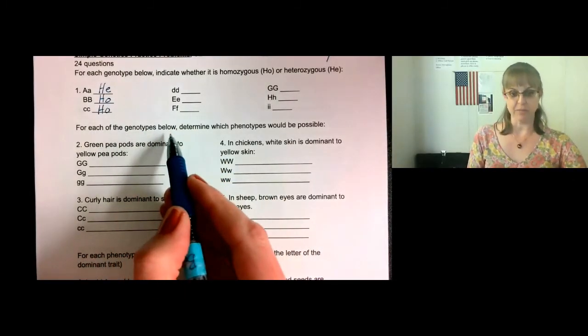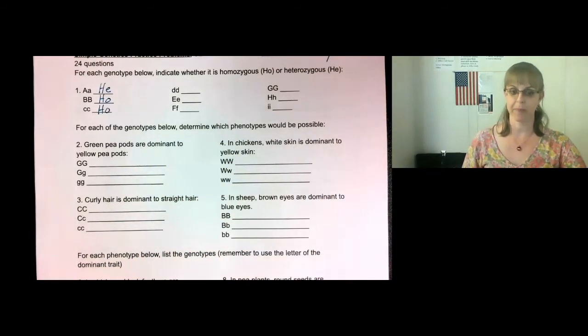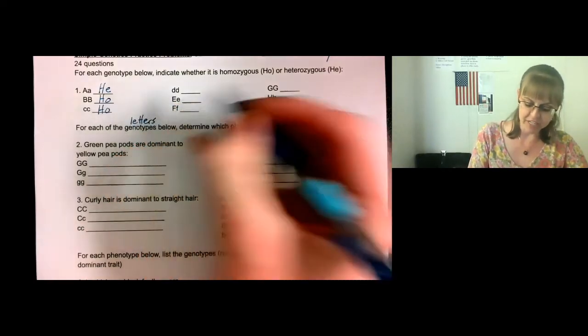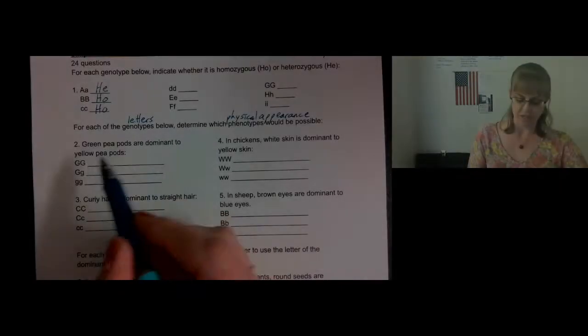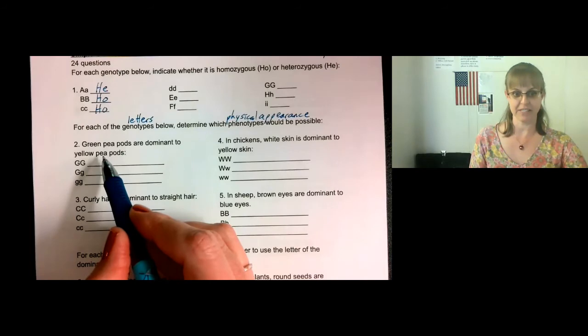For each of the genotypes below, determine which phenotypes would be possible. Remember, the genotypes are the letters, and the phenotype is the physical appearance. So, green pea pods are dominant to yellow pea pods.